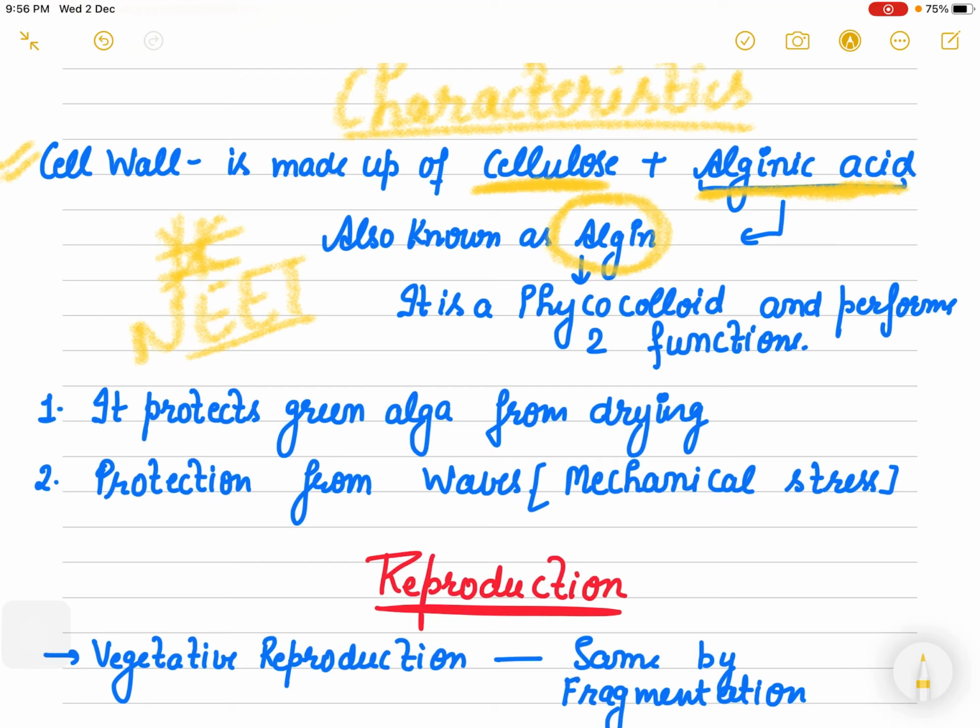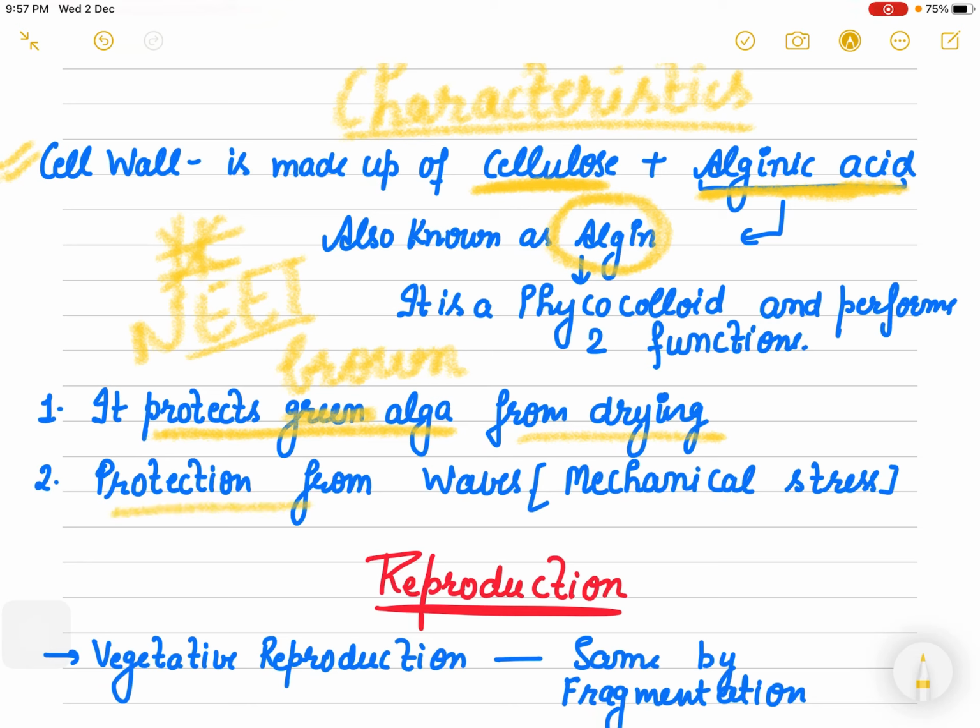And it is a gelatin, आपने देखा होगा ना, jelly-like substance, ये वैसा है बिल्कुल. And what is the main function it performs? It protects this brown alga from drying, right? I have written green alga, actually it is the brown alga. So this protects this brown algae from drying, मतलब कि dry होने नहीं देती है.